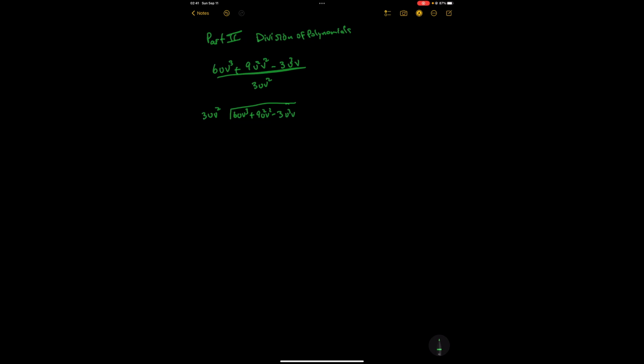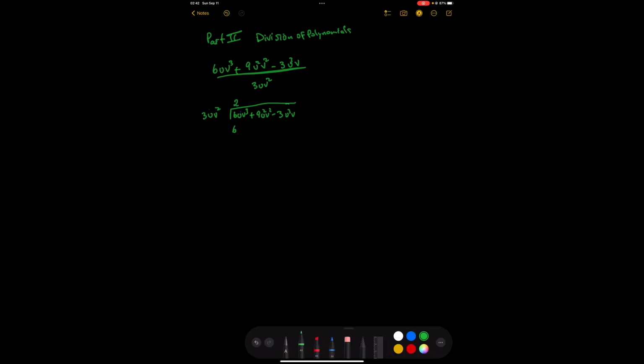So how are we going to divide this? Well, let's see. We have uv cubed, right? First thing here is uv cubed. So what will we multiply by 3uv squared to give uv cubed? Well, we know that we would have to have 2, so 2 times 3 is equal to 6 already. And we would not need any u over here, that would be a 1.